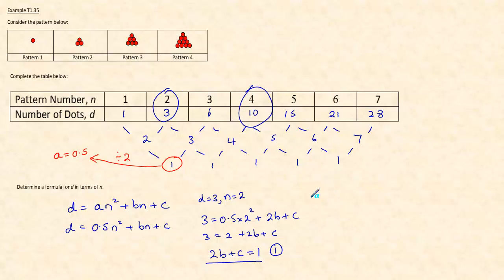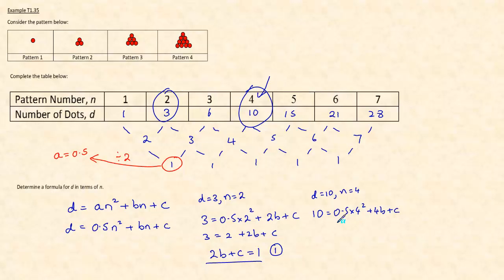Let's use this one here as well. We just need to use 2 others, and the fact that n is even here makes it a nice one to use. So d is equal to 10 when n is equal to 4. So 10 is equal to 0.5 times 4 squared plus 4b plus c.